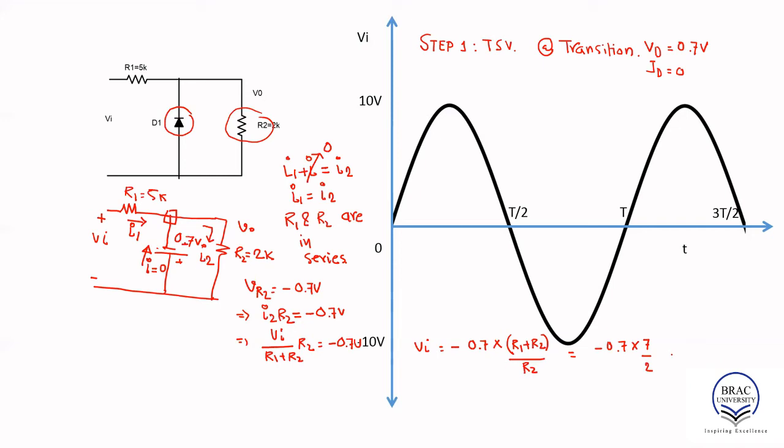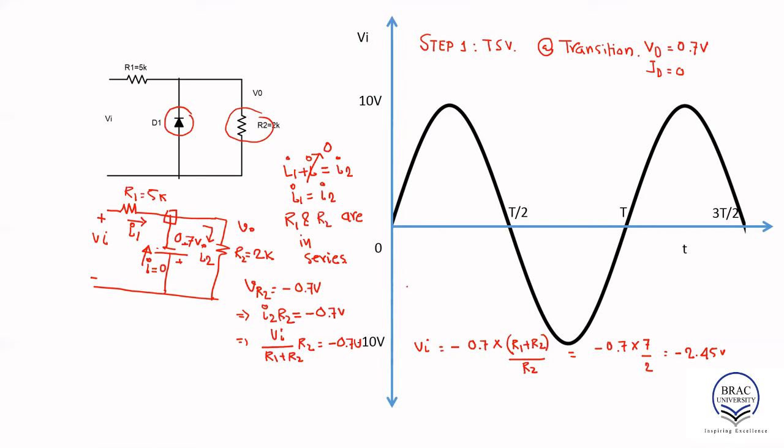So that gives us minus 2.45 volt. So which means when the input signal is fluctuating between 10 volt and minus 10 volt, we have a transition occurring through our diode. So that is our transition state voltage.